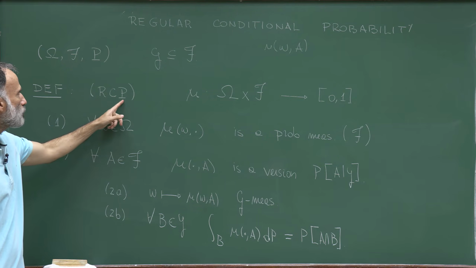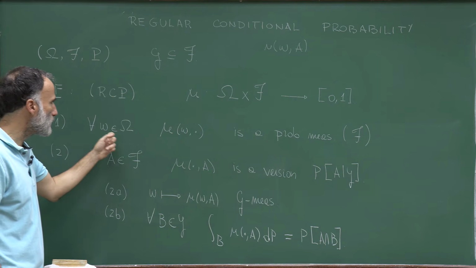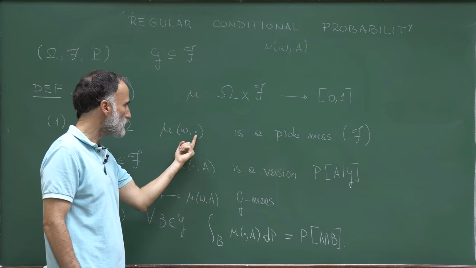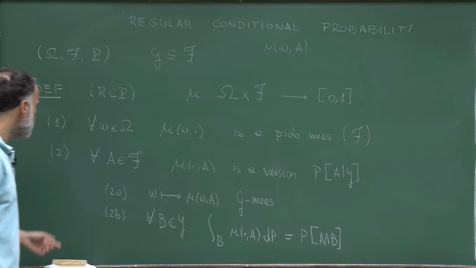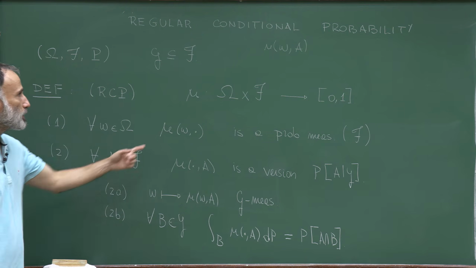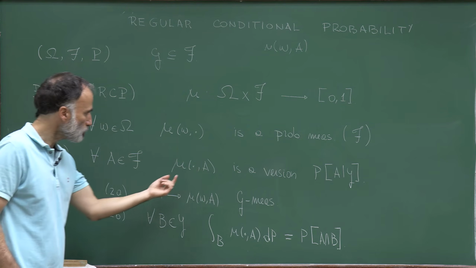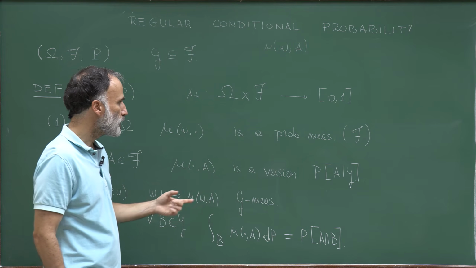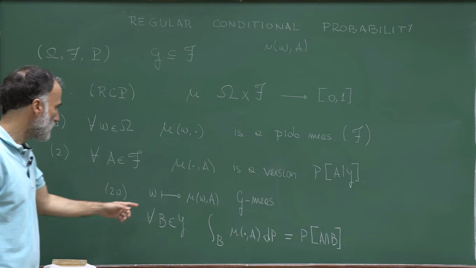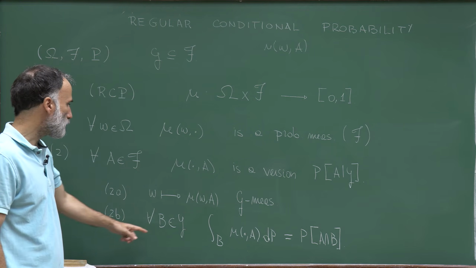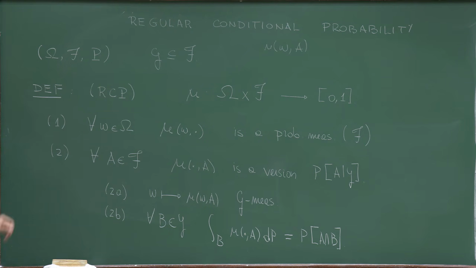It is a regular conditional probability given G if these two properties hold, which means that for any fixed omega, this function as a function of the second variable is a probability measure over the sigma algebra F. And secondly, that for all A in F, as a function of the first coordinate, this is a version of the conditional probability of A given G, which means that it's a G measurable function, and that for all B in G, we have this identity. So this is the definition.